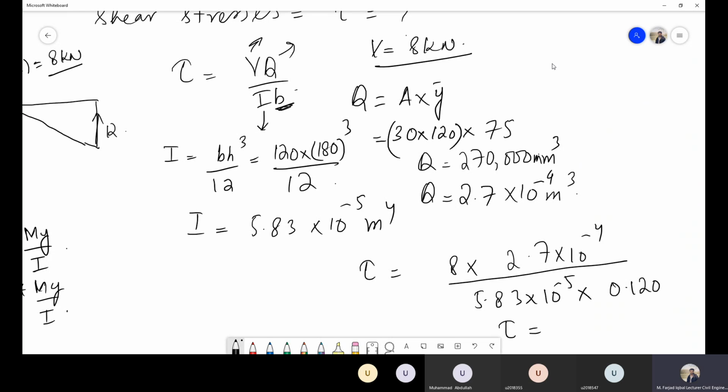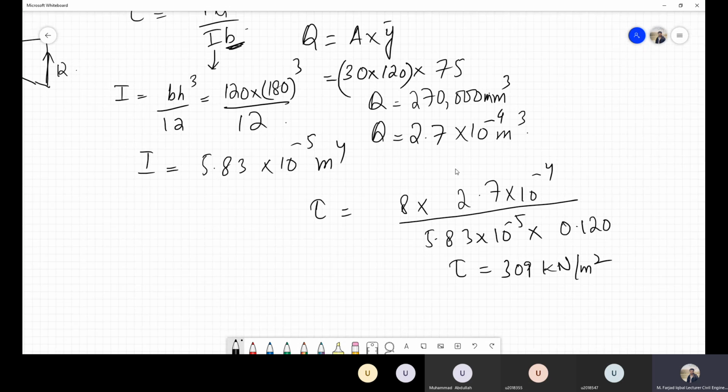So what is the shear stress at this particular point? Sir, 308.75. Let's call it 309 kilonewton per meter square. So this is the shear stress at this particular point.